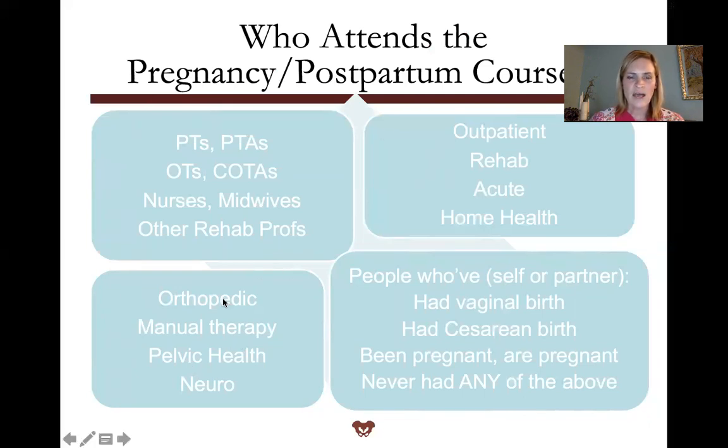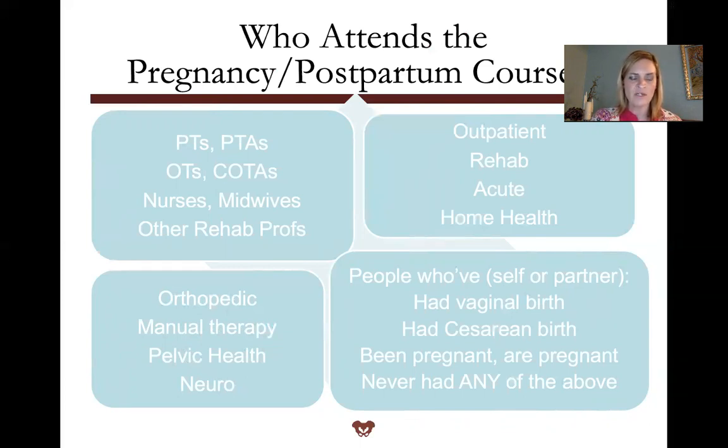And then when we look at some of our specific experiences when working in the clinic, we do have many participants who have orthopedic experience, especially those in the outpatient setting. We often have a handful or a couple of people who have very intense manual therapy training and lots of manual therapy experience, but many people do not.